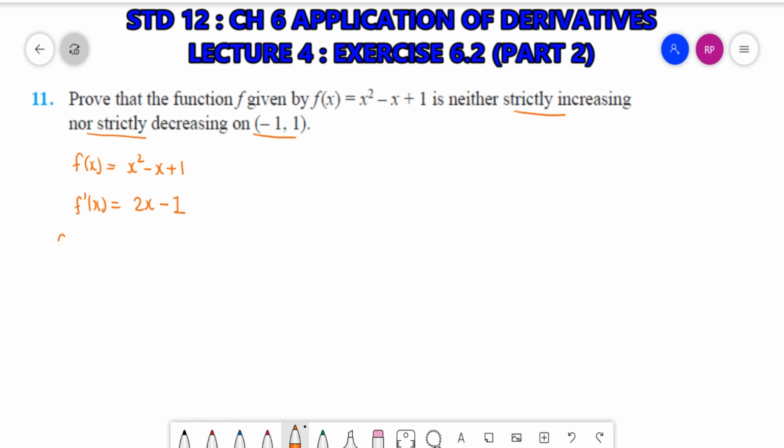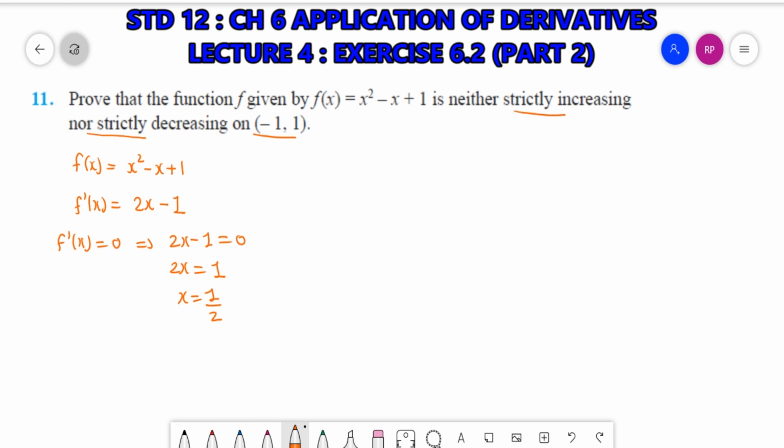Clear? Now see, when I take f dash x equal to 0, that implies 2x minus 1 equal to 0, 2x equal to 1, and x equal to 1 by 2. So this means that if I take a value less than 1 by 2, then 2x minus 1 will be negative. If I take the value of x greater than 1 by 2, then it will be positive.